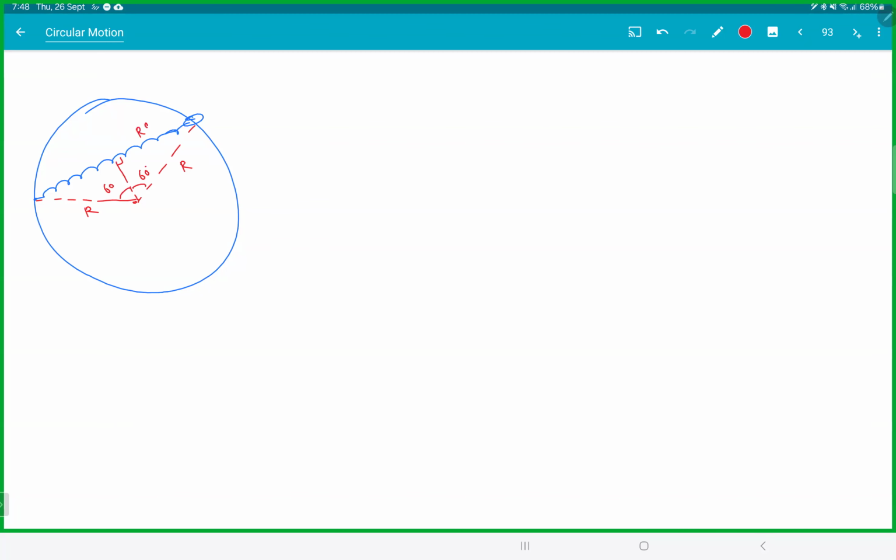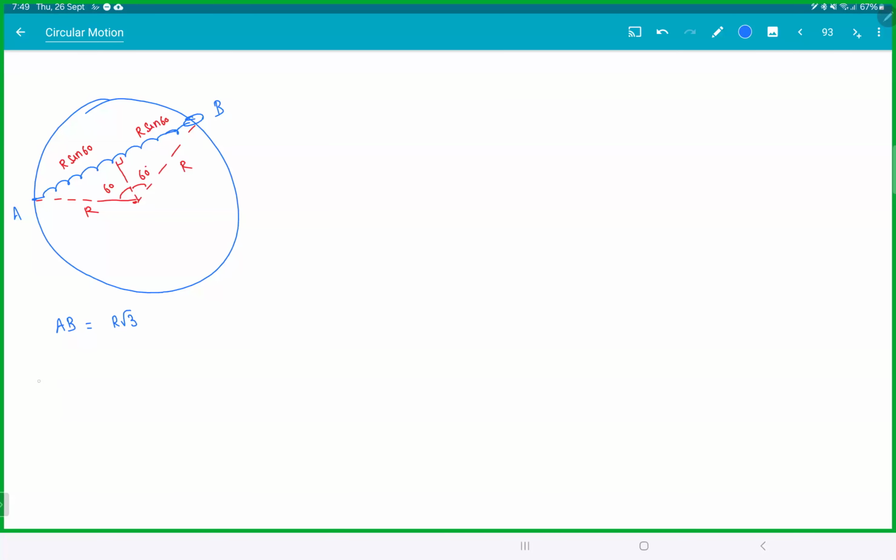So this would be R sine 60 and this is R sine 60. Means at this instant, the length of the spring is R root 3. So if I take this point as O and this point as A, OA length is R root 3. I think I took that as A already, right? So let's call it B. This is the right now length.